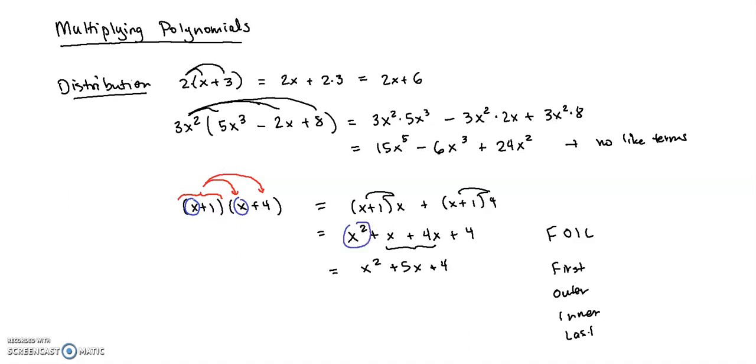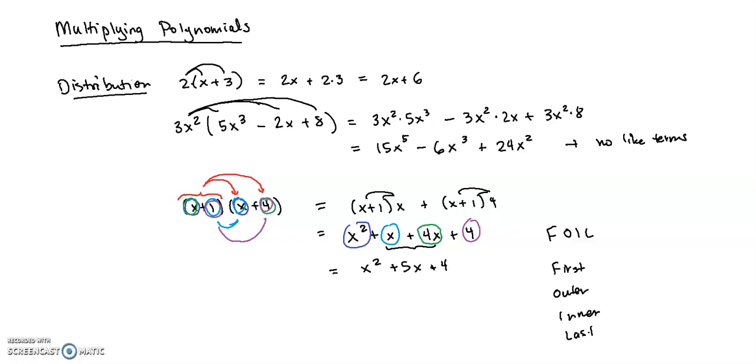The outer is the outer 2 terms. It's a little bit out of order from when I did the distribution, but we get there in the end. And then the inner would be the inner 2 terms of the grouping, and that's right here. And then the last would be these 2. So FOIL gives us these 4 terms without having to do 2 steps of distribution.